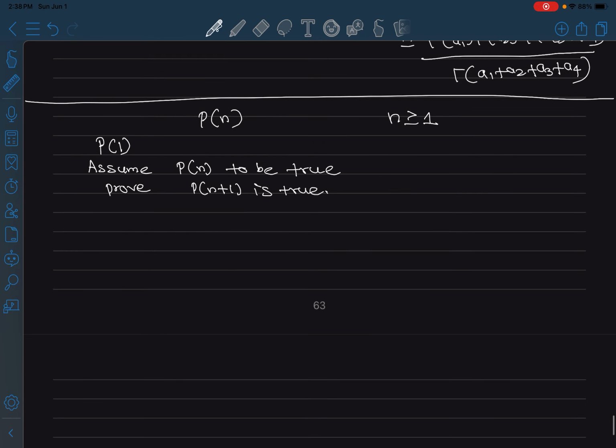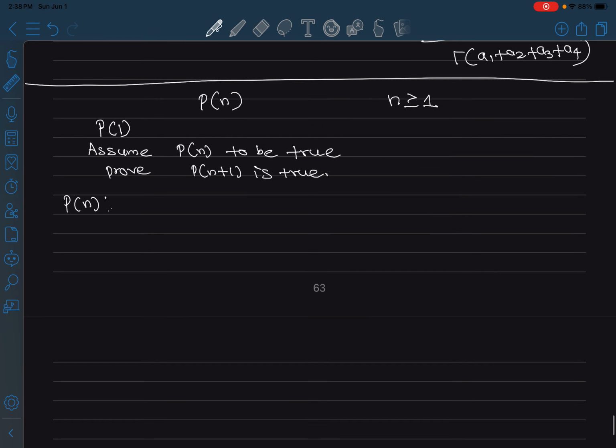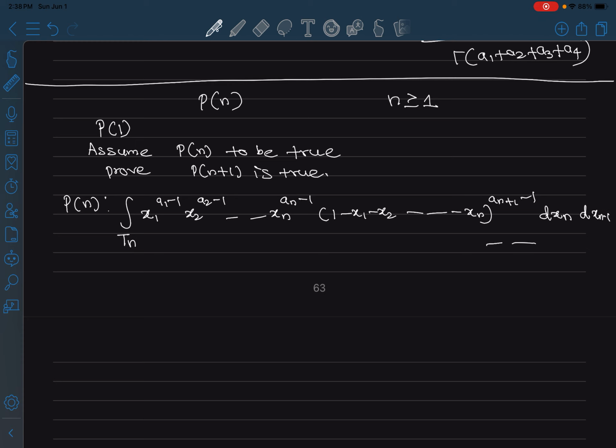So let's go ahead. First of all, let's just state the property that we want to prove. In the n-dimensional simplex, x1 to the power a1 minus 1, x2 to the power a2 minus 1, up to xn to the power an minus 1, and then 1 minus x1 minus x2 minus up to xn to the power an plus 1 minus 1, and then dxn, and then dxn minus 1 up to dx1.